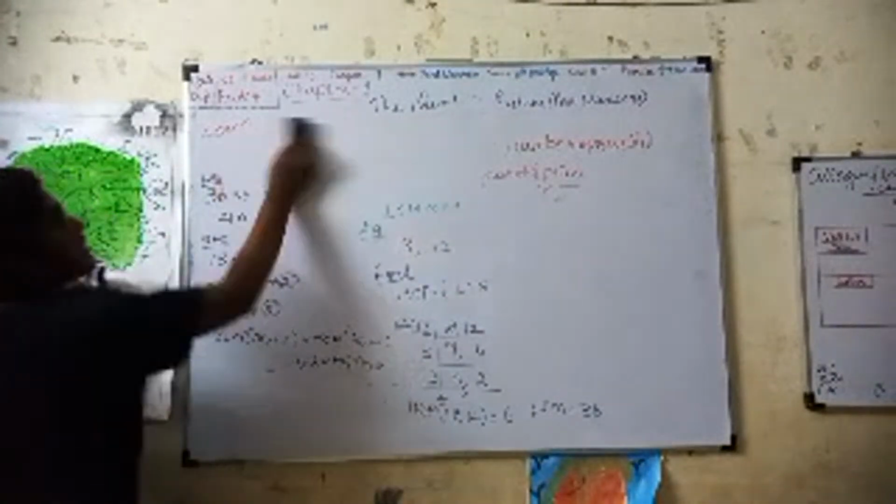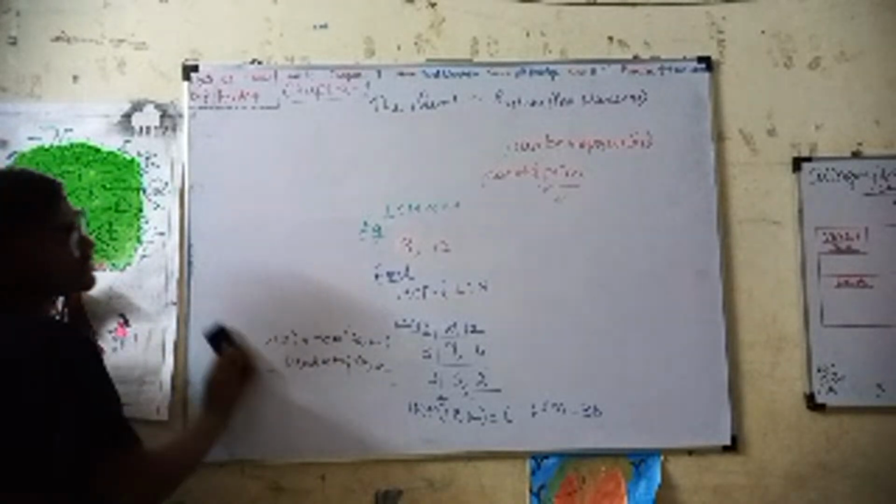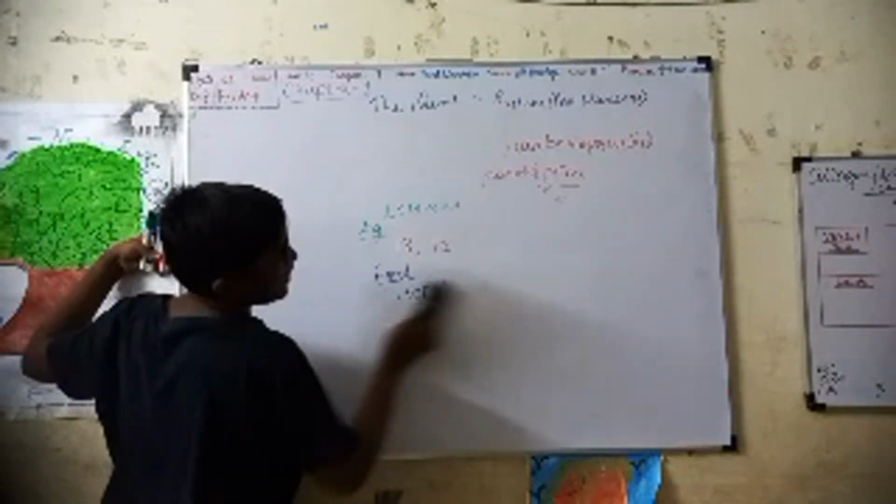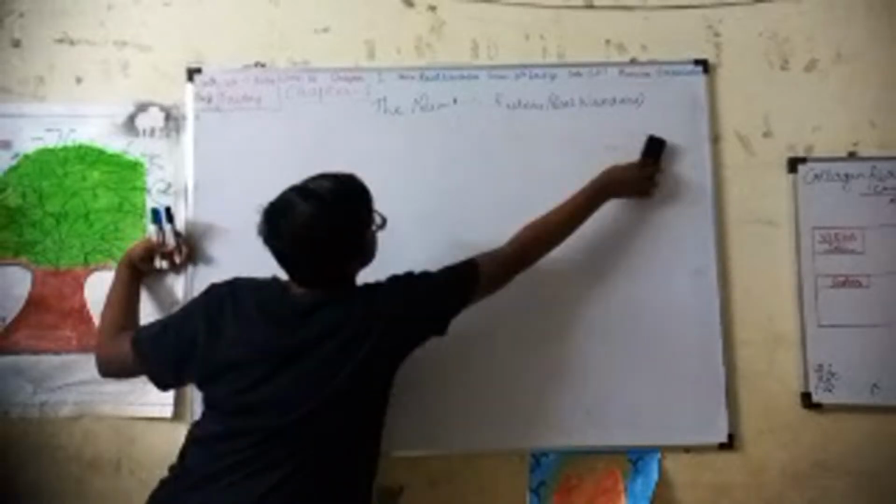So we are going to simplify and write it. If we represent this algebraically, how can we represent this?